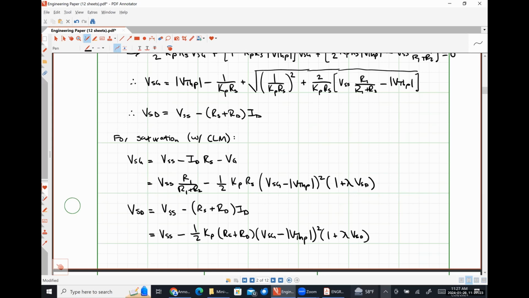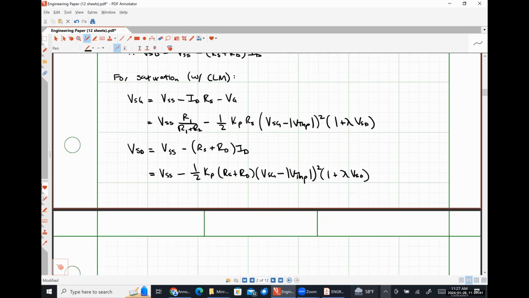And we now have our 2-equation, 2-unknown system that we can throw into our computer to solve for VSG and VSD. And then we just plug those values into our equation for our drain current to get that part of the operating current. So all of saturation is effectively covered.